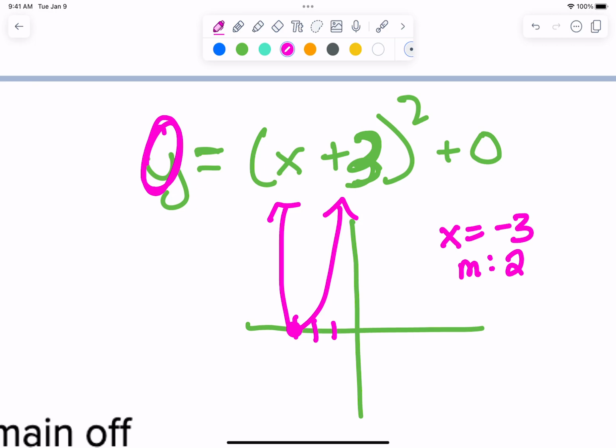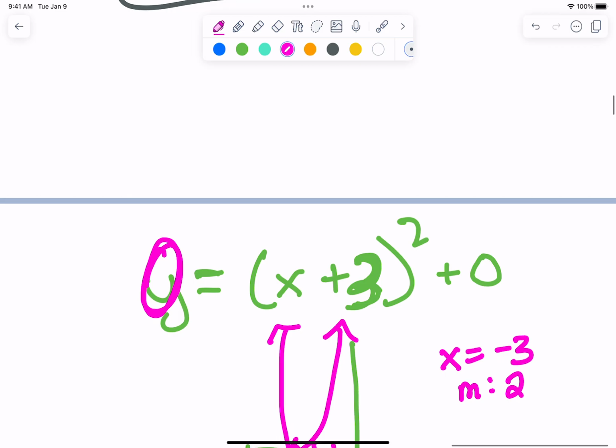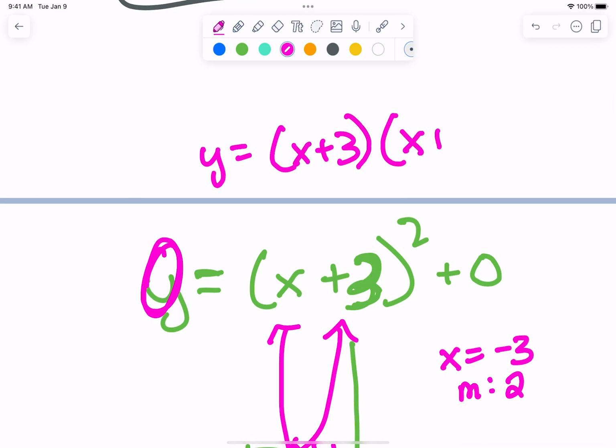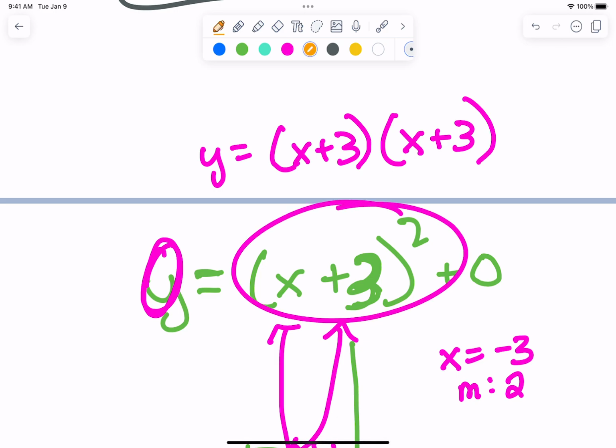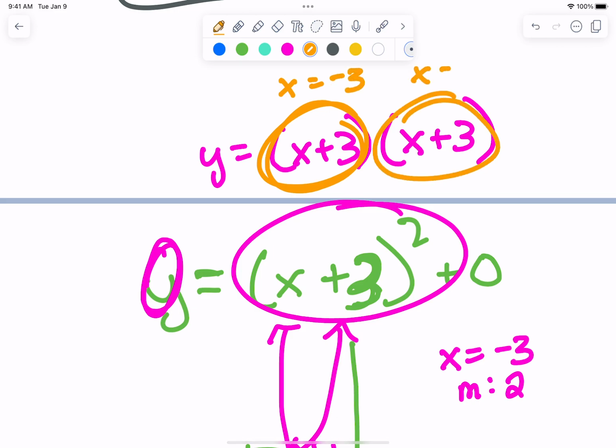He's a zero twice. Really, if I want to write this out, this can be rewritten as x plus 3 times x plus 3. Do you agree? That's what x plus 3 squared is, right? And if I set this guy equal to 0, x equals negative 3. And if I set this guy equal to 0, x equals negative 3. So negative 3 is an answer twice. He has a multiplicity of 2.